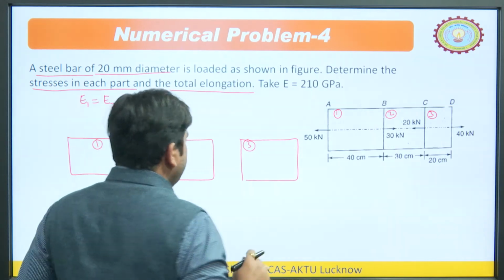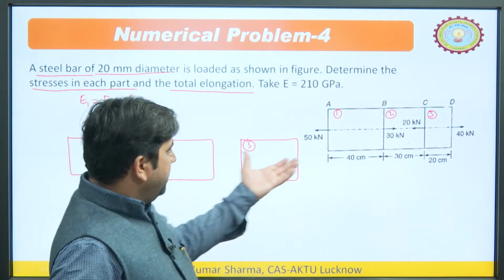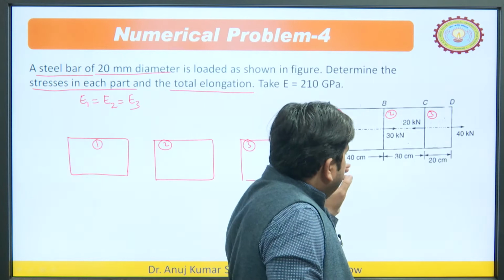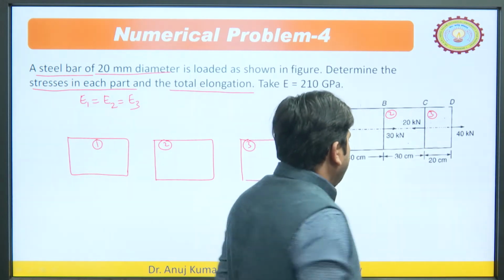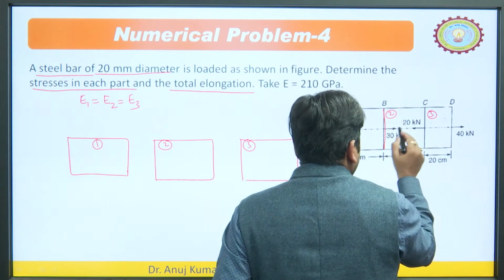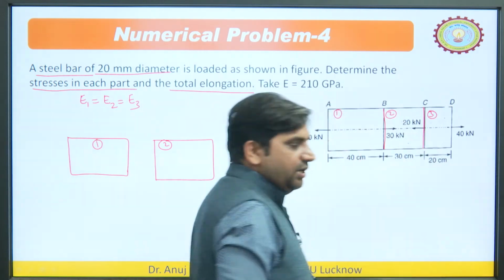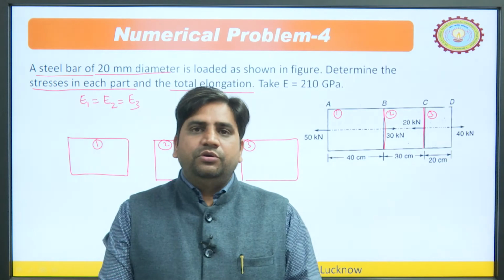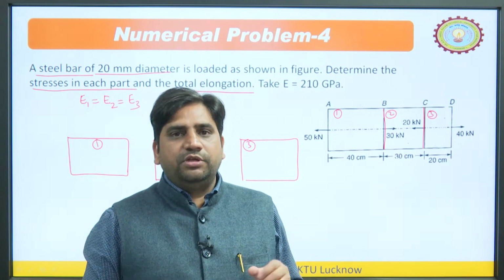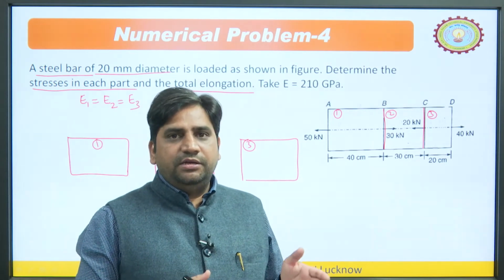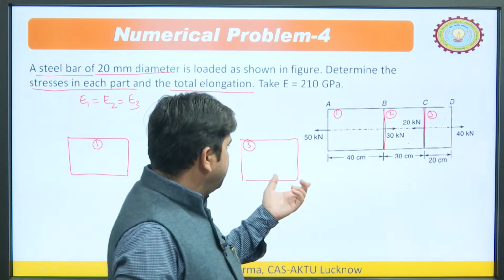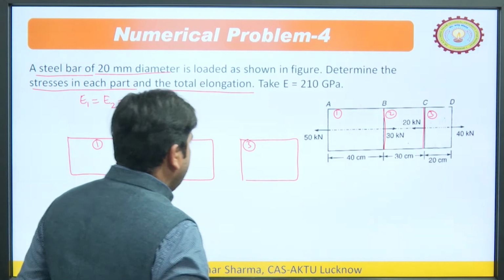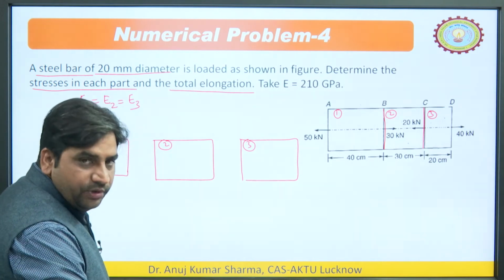Now, here we are observing that different forces are acting in the mid planes also, like here also one force is there, here also one force is there. So, the simplest way to solve these problems is to first draw the free body diagram of the first portion and then the last portion. That is why I am drawing the free body diagram of block number 1 and block number 3.